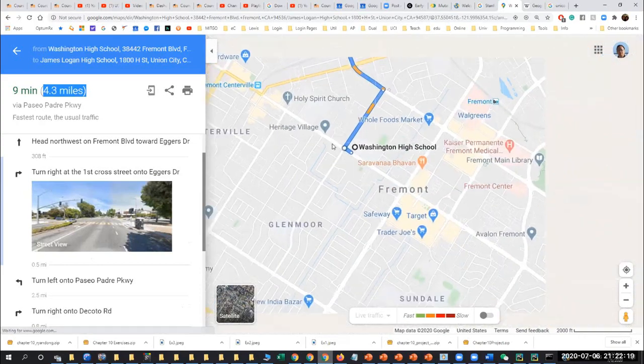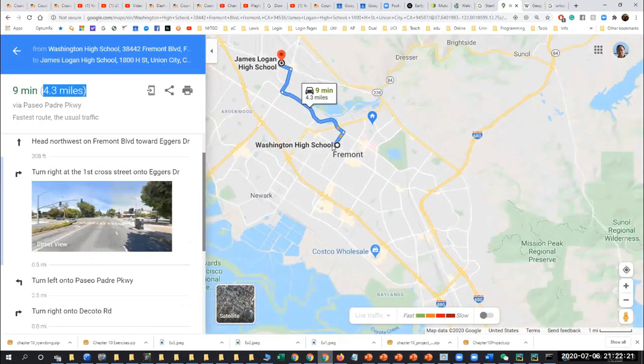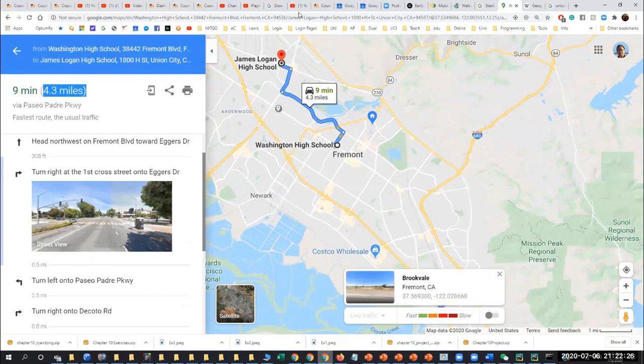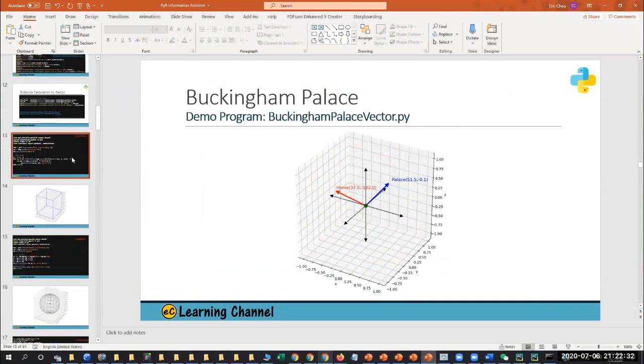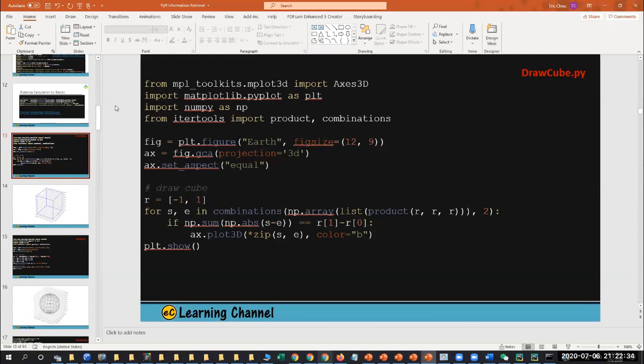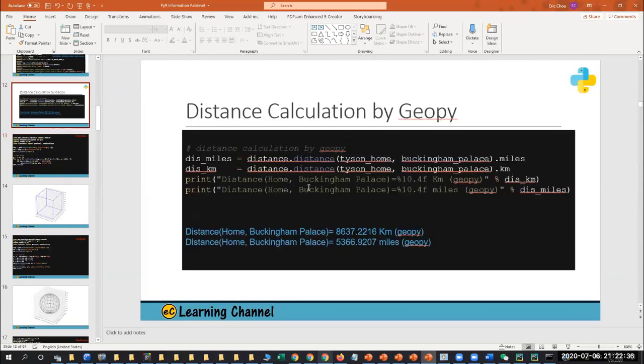Is that the red distance? I don't know. Okay, anyway, this is probably easy to get an error, okay? Anyway, so that's that. We got the two distances, but got the distance by using GeoPy's distance function, okay?